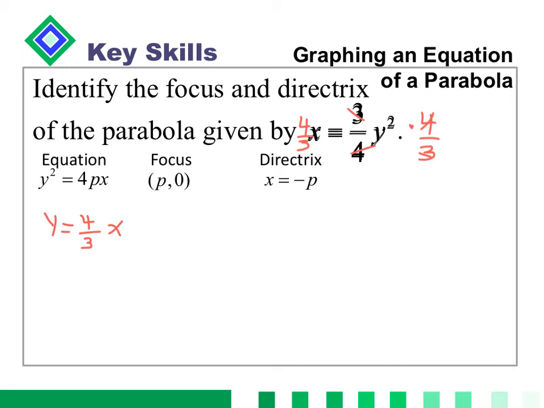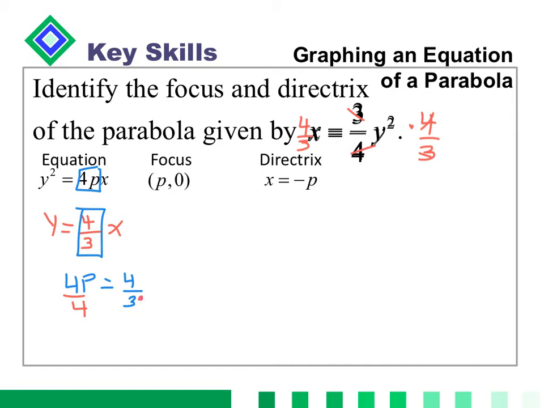And now I just need to identify the 4p and 4 over 3. And I'm going to write 4p is equals to 4 thirds. And then I can divide both sides by 4.